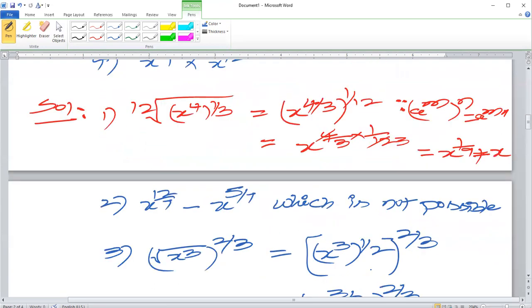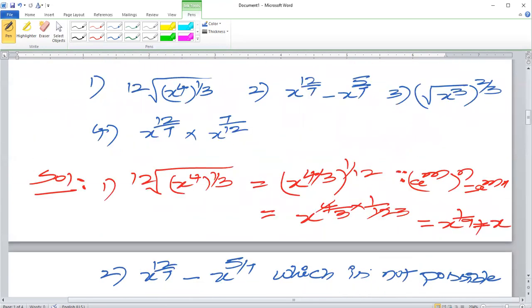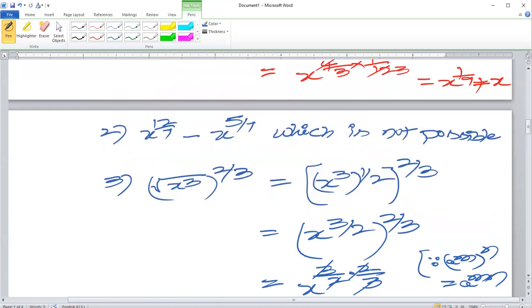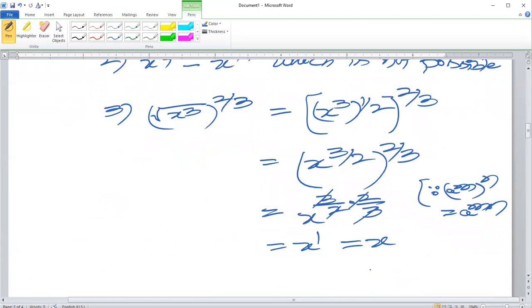So next if you come to the fourth option, we have x to the power of 12 by 7 into x to the power of 7 by 12. Here also if you observe the bases are same.